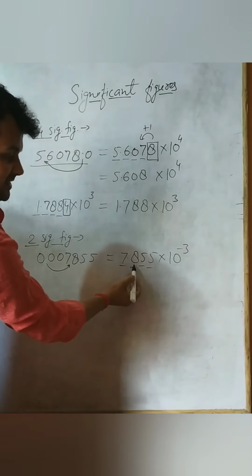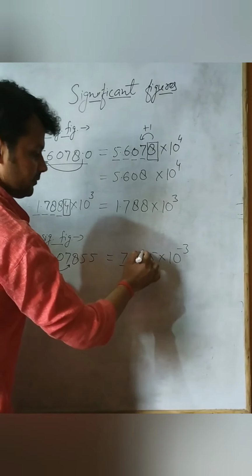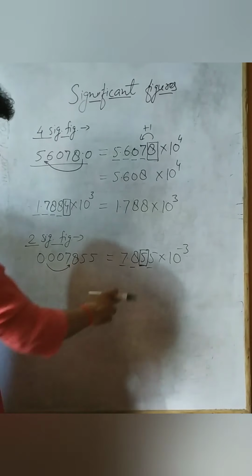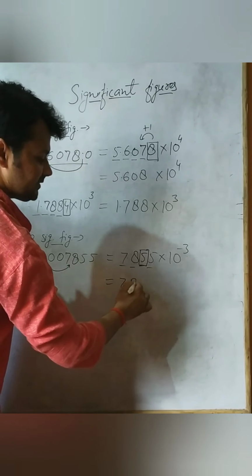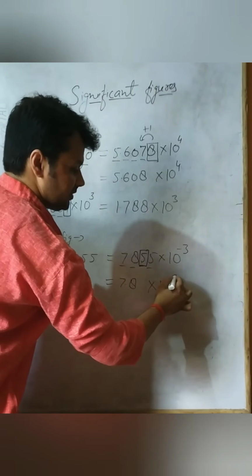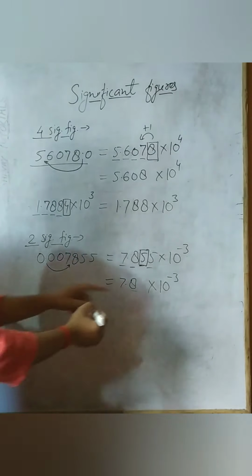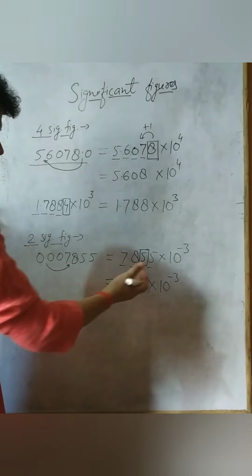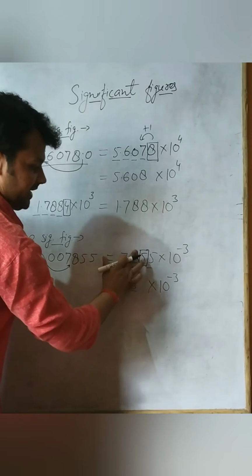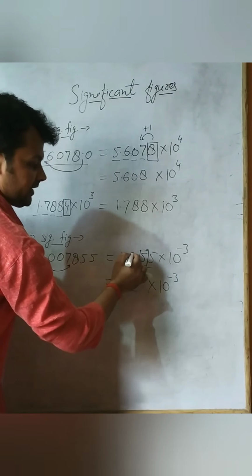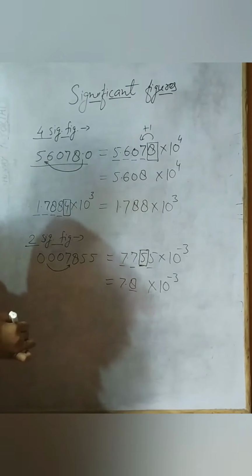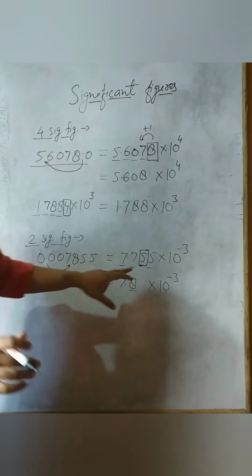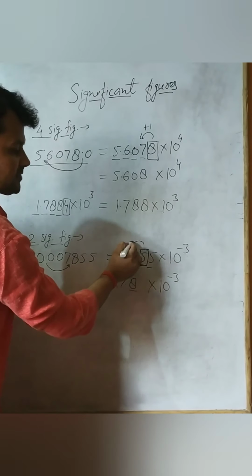If we have to remove the 5, this 5 will have no effect on the preceding number if it is an even digit, means 8 is even, right? 8 was even, so there is no change and it will remain as it is. By chance, if we take, in place of 8, say 7, then what will happen? The rule says that if the preceding number is an odd number, then we do plus 1.